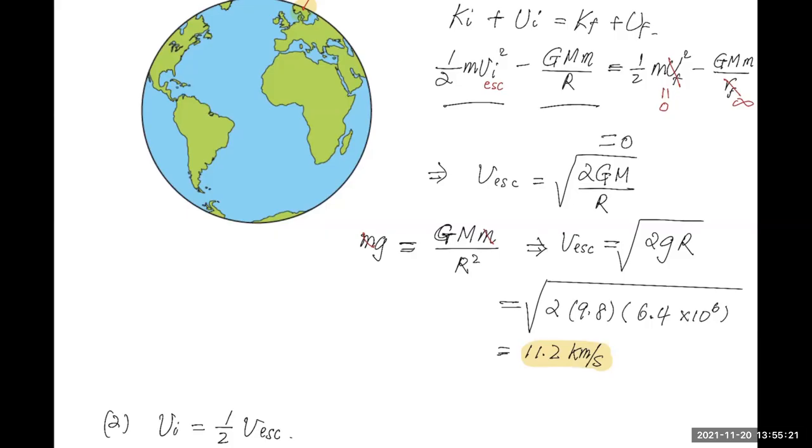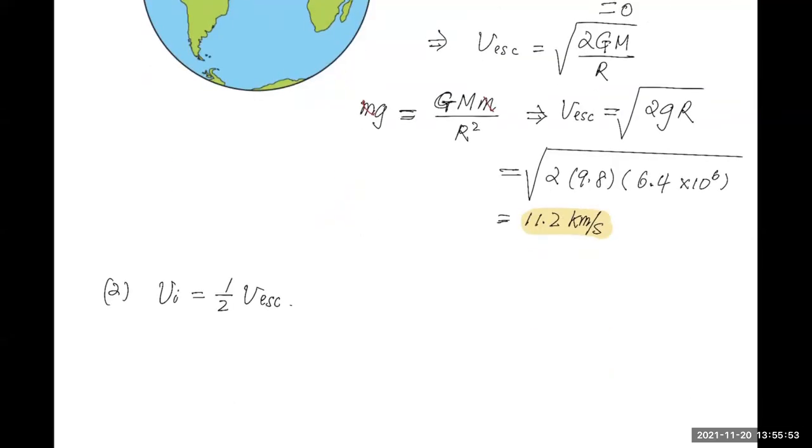So the left hand side is 0, right hand side is also 0. But if you have half of the escape velocity as v initial, then if you square that v initial, you get a quarter of v escape speed squared. And that means the magnitude of the initial kinetic energy this time is only a quarter of the magnitude of the initial potential energy. Okay, this will be useful in our simplification.